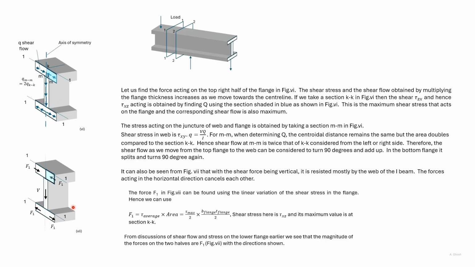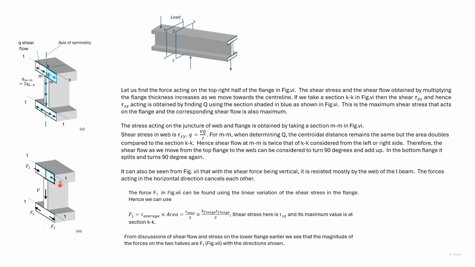Now look at the forces acting in the section. Due to the shear stress and shear flow, two equal and opposite forces will act on the top flange. Also, two equal and opposite forces act on the bottom flange. They are, however, oppositely directed compared to the top flange. The shear stress and the shear flow in the web primarily make up the internal force acting on the section.